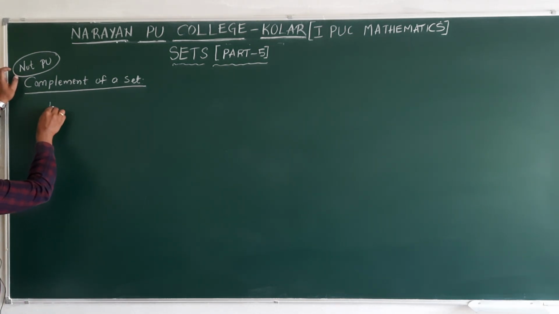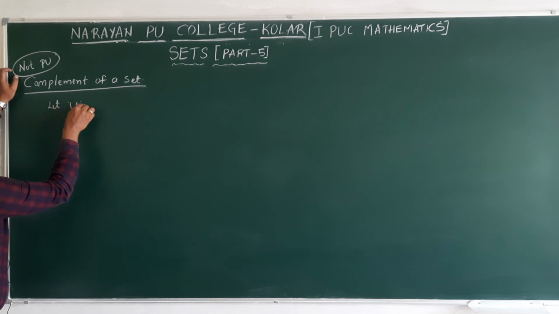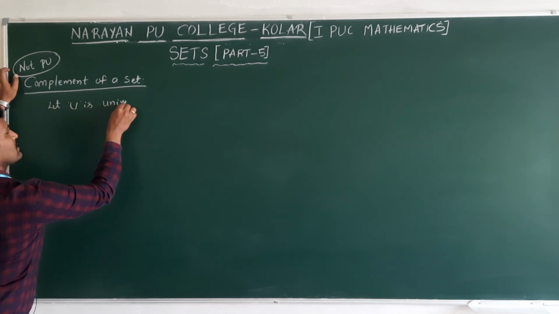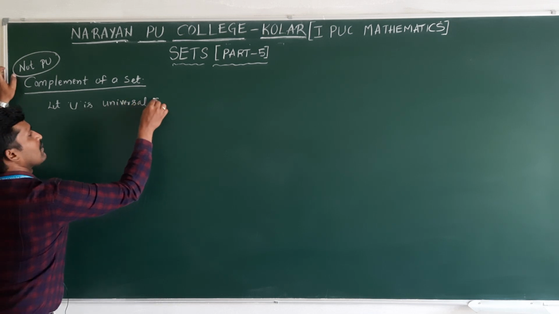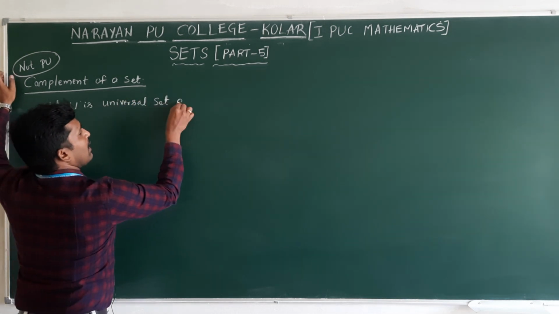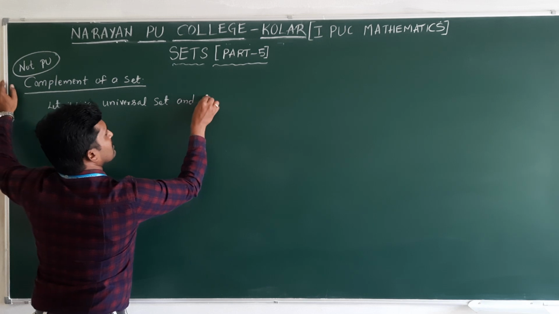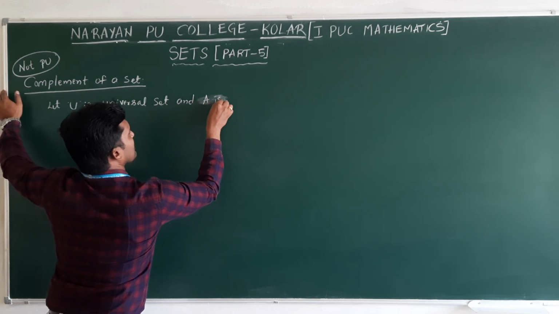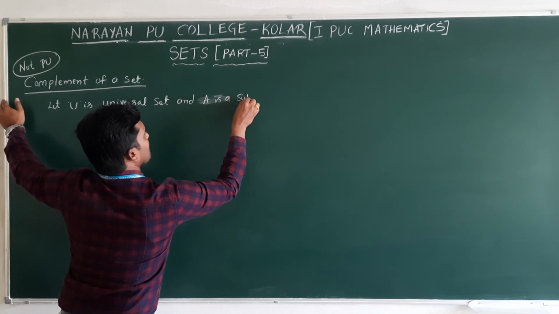Now let U be the universal set and A a subset.